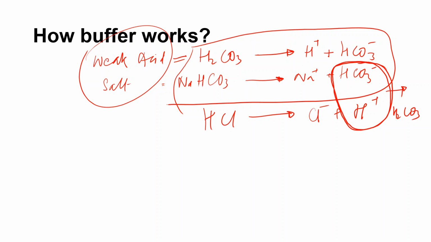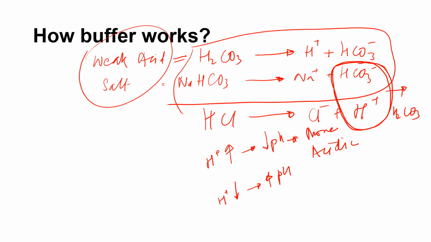This is our main purpose, because if the hydrogen ion concentration increases, it will decrease the pH and the solution becomes more acidic. Or if the hydrogen ion concentration decreases, it will increase the pH and the solution will be more basic. So the purpose of a buffer is to maintain a stable concentration of hydrogen ion.